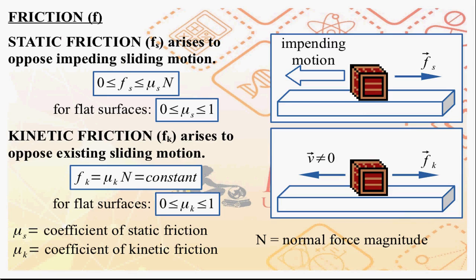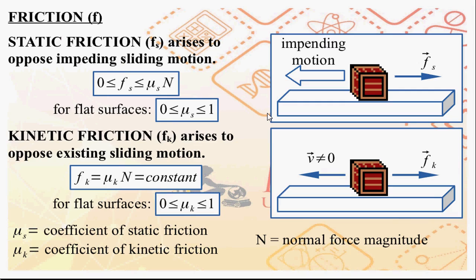For flat surfaces, the range of mu s is from 0 to 1. For jagged surfaces, mu s may be greater than 1.